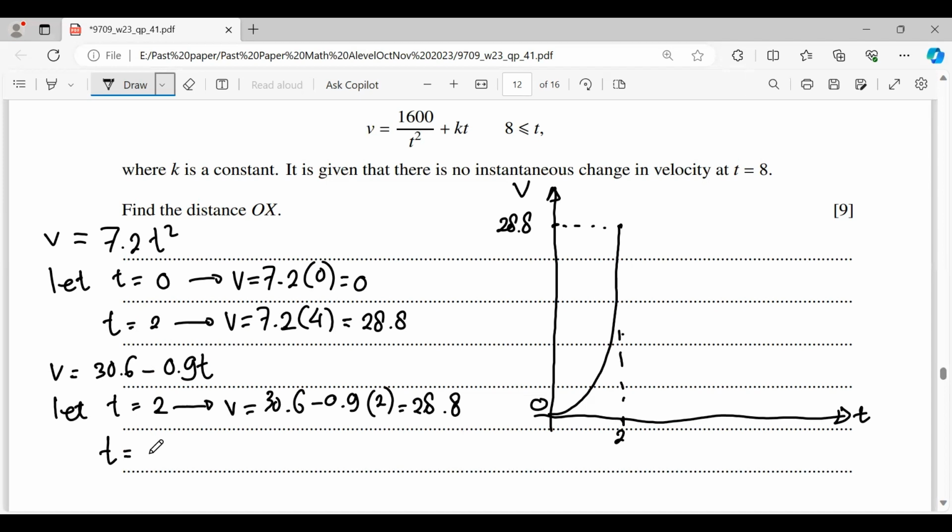If t equals 8, the interval 2 to 8, 30.6 minus 0.9 times 8 is 23.4. It's 23.4 around here. Wait, I'm going to use another color.